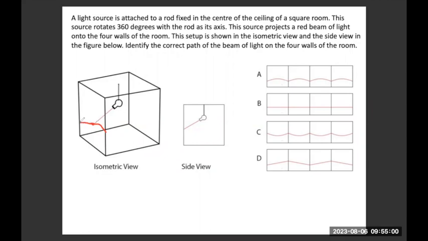As it moves towards the edge, it goes down. So in the square, it looks somewhat like this on one wall. I'm just exaggerating it a lot, but on the one wall the light source's path will look somewhat like that. Hence, the correct answer will be option A in this case.